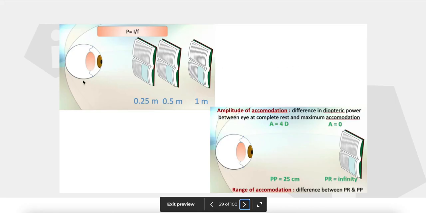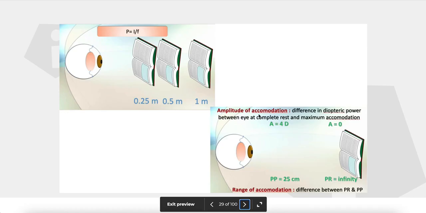The amplitude of accommodation is the difference in dioptric power between the eye at rest and at maximum accommodation. Let's say that the maximum accommodation of this eye is about 4 diopters, making it see an object at 25 centimeters clearly. This is an emmetropic eye, so the punctum remotum is at infinity, at which the accommodation is 0.